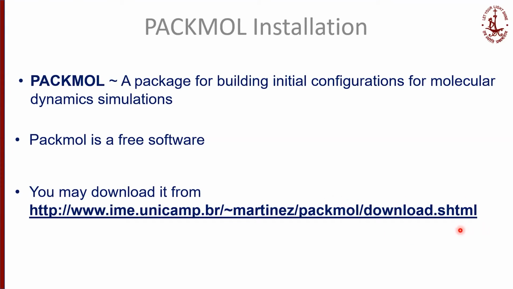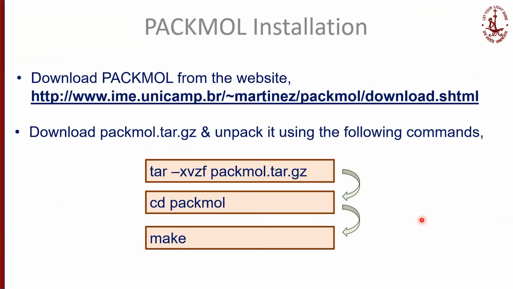Once you go here, you just have to download it. It will ask you for your email ID. Any email ID is fine, whether it's official or your personal mail ID. Once you download it, it will be downloaded as a tar file. So you have to unpack it using the same command, tar -xvzf packmol.tar.gz.